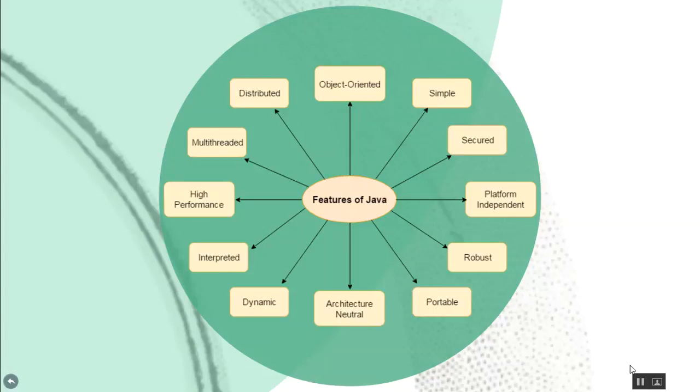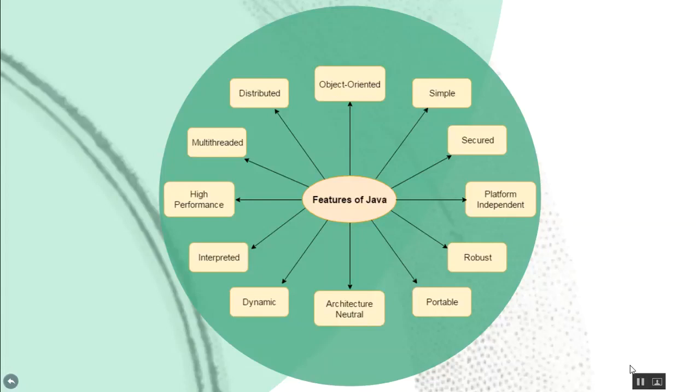Then architecture neutral. There is no implementation of dependent features in Java. If you compare with the C language, in C the int data type occupies 2 bytes of memory on a 32-bit structure, while 4 bytes on a 64-bit structure. But that's not the case in Java.